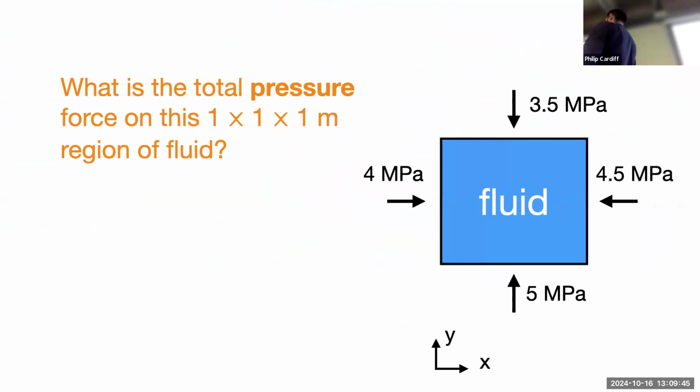So if I actually give you a concrete problem, I think I do actually have a question like this, maybe on the quiz or on last year's exam, of just tell me what is the force due to the differences in pressure on this block. So if you have a certain pressure here and they're all pushing inwards, what's the actual force due to these pressure differences?